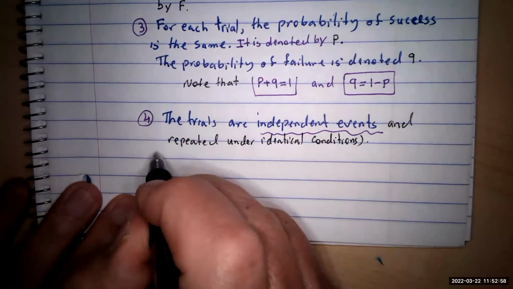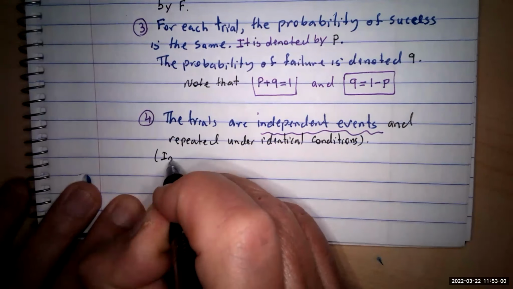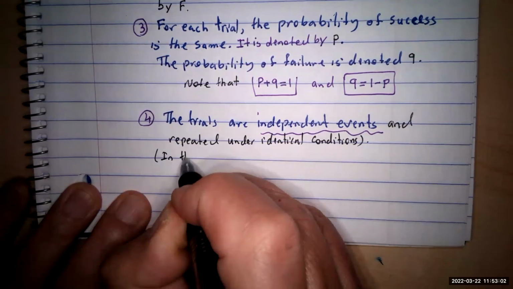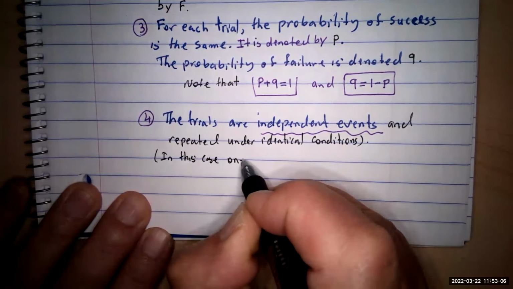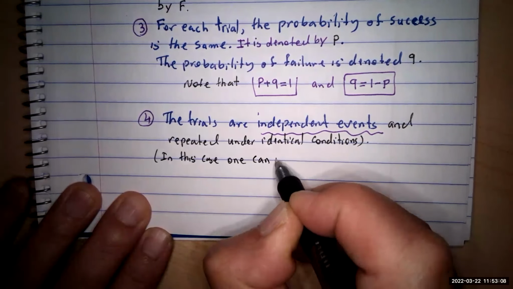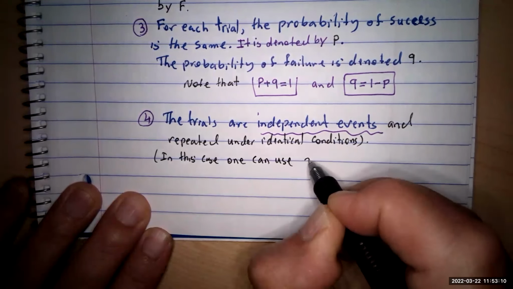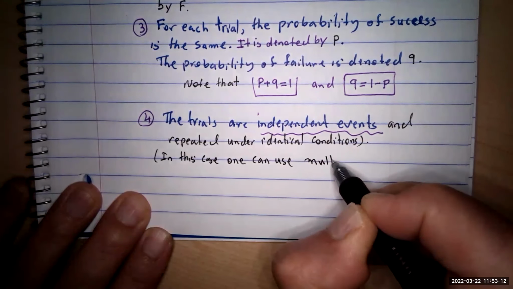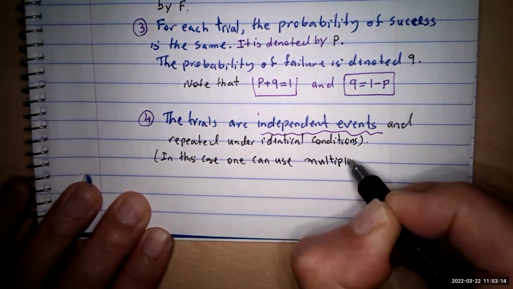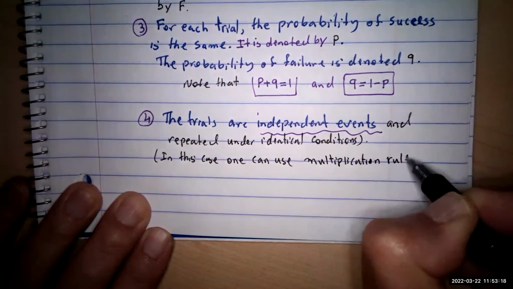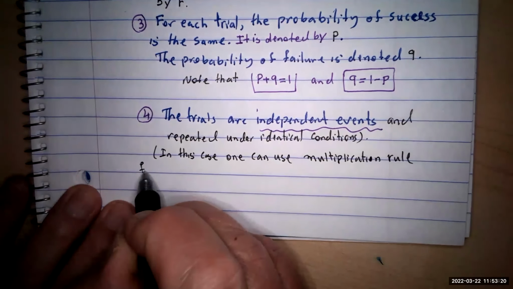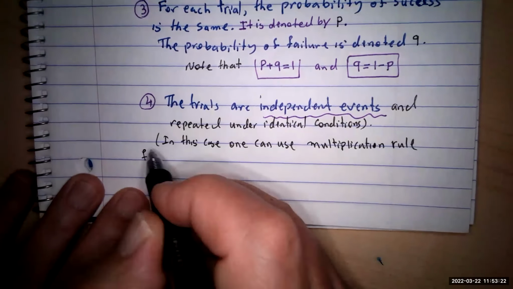I just remind you that in this case, one can use the multiplication rule for independent events.